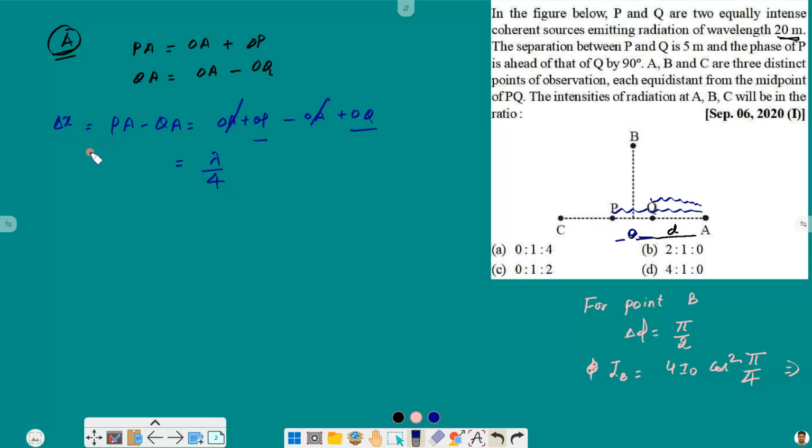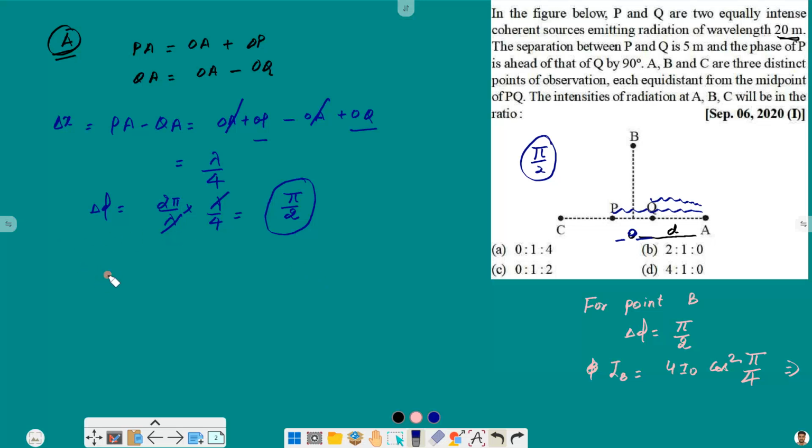So due to this there will be additional phase difference, and that phase difference delta phi will be 2 pi by lambda into the path difference, that is lambda by 4. So lambda gets cancelled and we have pi by 2 as the additional phase difference. Now, we already have pi by 2 initial phase difference available, and we have now added additional pi by 2 phase difference.